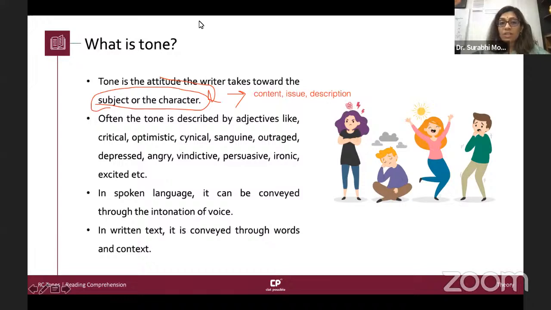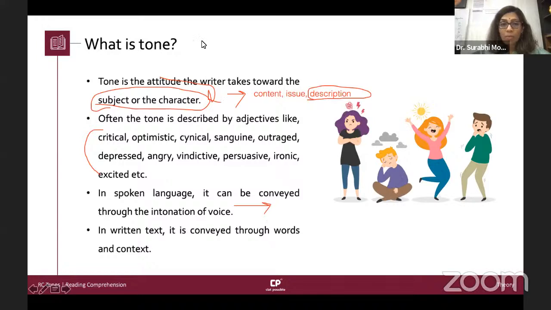So this description is what we are going to focus on when we understand the issue with tones. The tone question carries options. Usually these are descriptive options, like critical, optimistic, cynical, sanguine, persuasive, ironic, right?